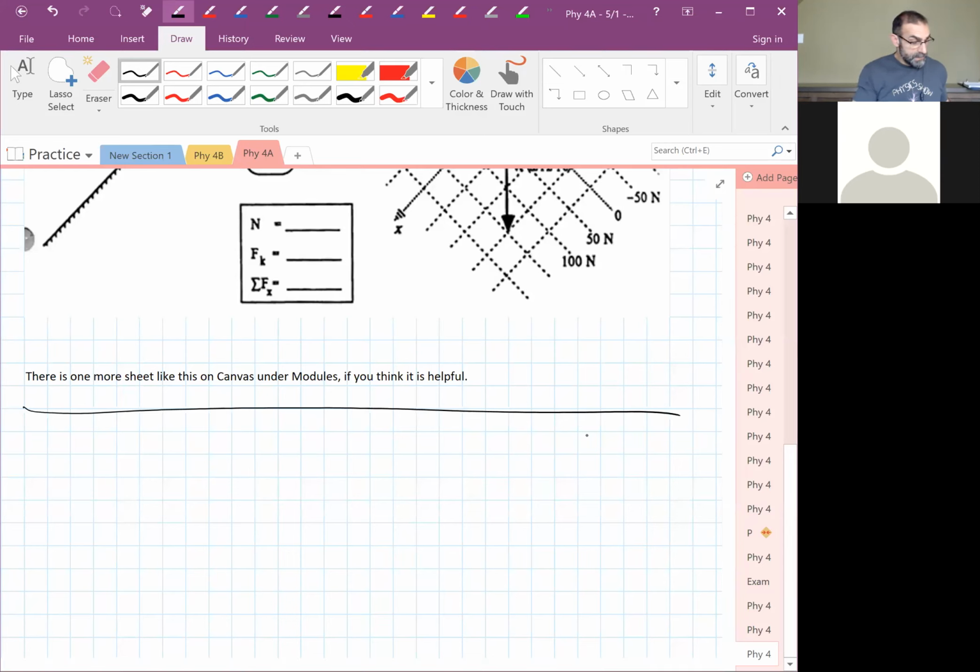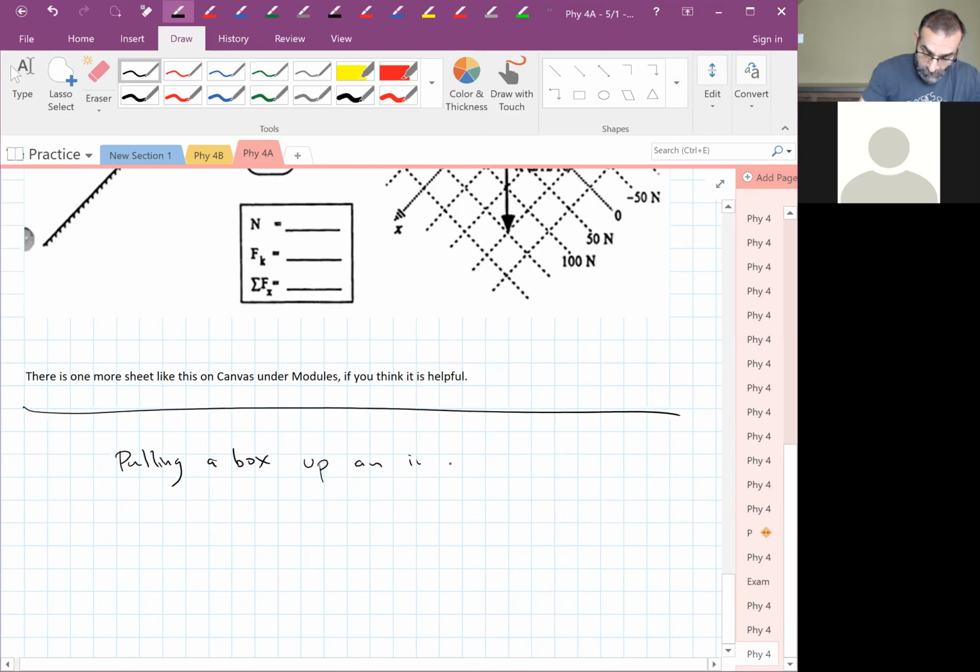So what we want to do now, let's do a problem that's a little more interesting than the one we did last time with the box on an incline. Pulling a box up an incline with a rope.